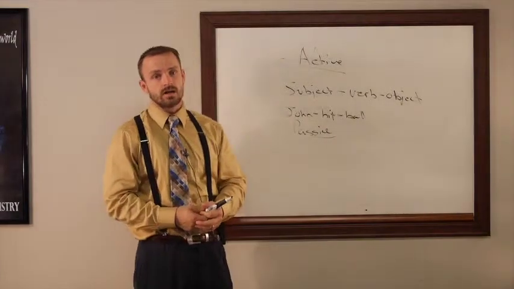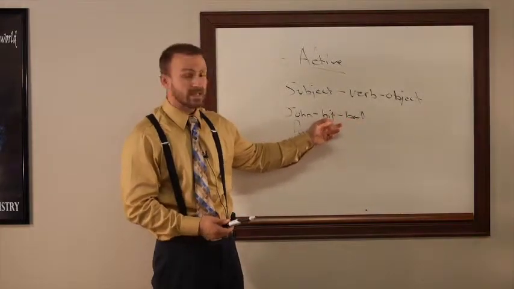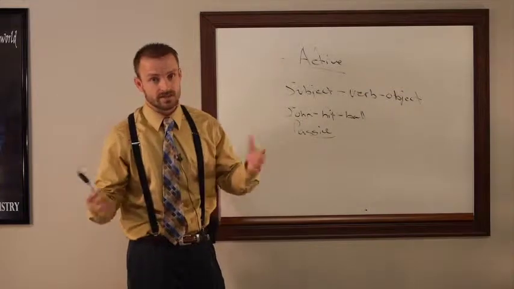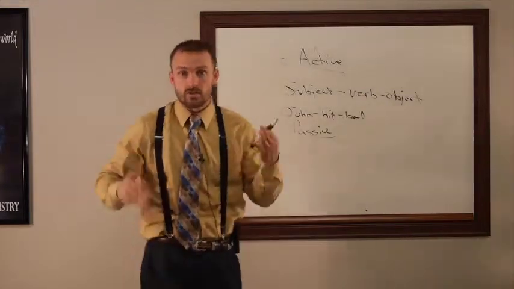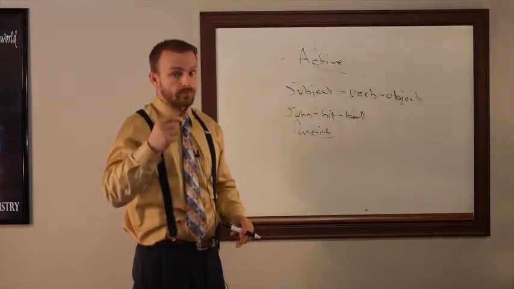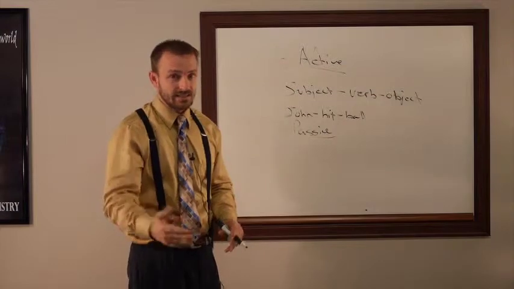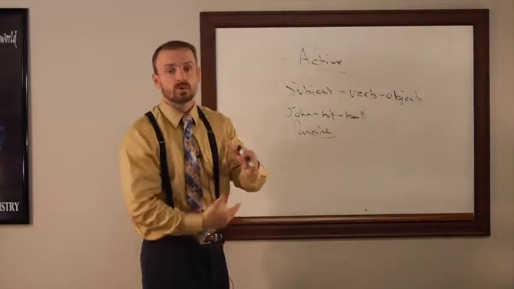So the object is the ball, was hit, that's your sentence. It's not a great sentence, but you don't know who did it. You don't know who hit it. So the subject is left out. Or in passive voice, you can put the subject at the end. It's the same information, but the order is reversed.